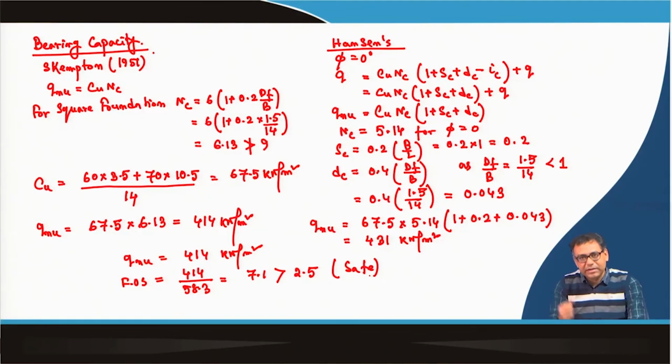Then we will do the settlement check and see what the settlement value is for this particular raft foundation on this particular soil strata. Then based on these two considerations, we will decide the final dimension we will provide. So, in the next class, I will do the settlement calculation for this foundation and then we will decide what the actual dimension of the foundation would be. Thank you.